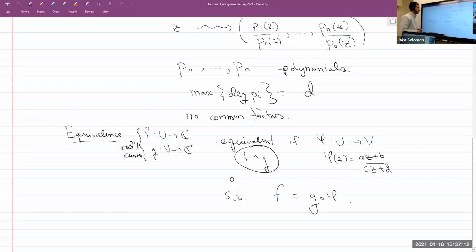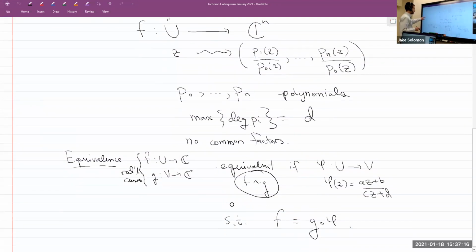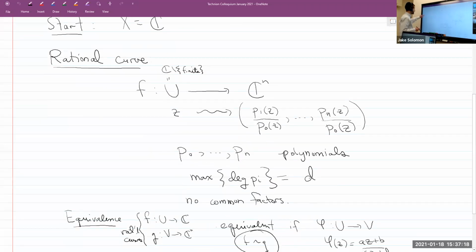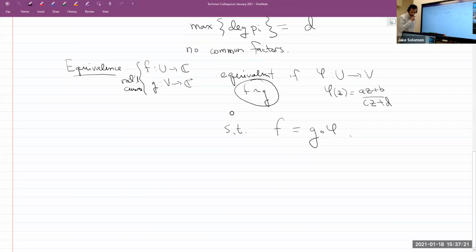Thanks a lot. Okay, so here we have a notion of rational curves up to a certain equivalence relation. And now we can really ask our question, so let's make this a little bit more specific. We'll call it Q prime.